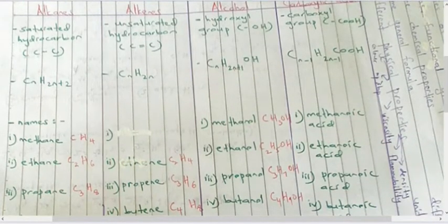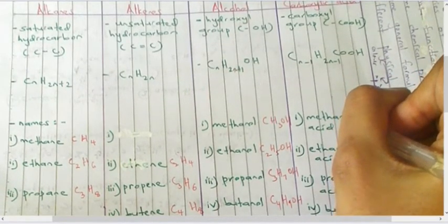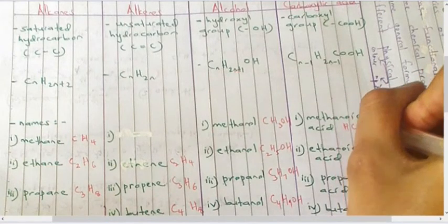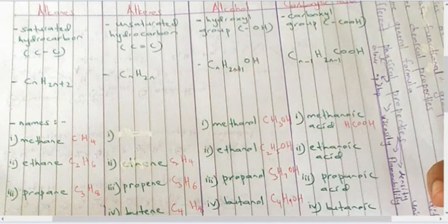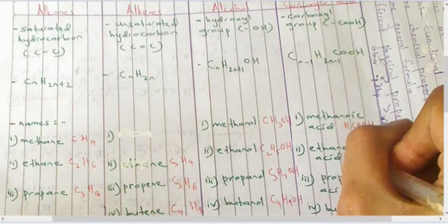Now methanoic acid. You just have to remember we have one carbon, so 1 minus 1 becomes 0. 2 times 1, 2 minus 1 is 1, so it becomes HCOOH. Then ethanoic acid: C2 minus 1 becomes C1. 2 times 2, 4 minus 1, it becomes 3: CH3COOH.